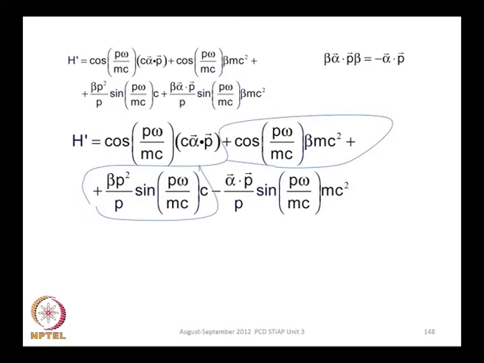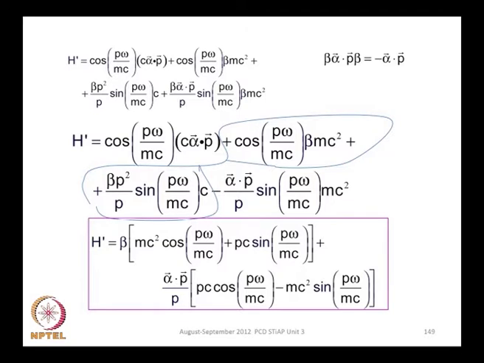Good enough. Now let us combine these two terms and these two terms. This term has got a beta, this term also has got a beta. So these two terms are combined.